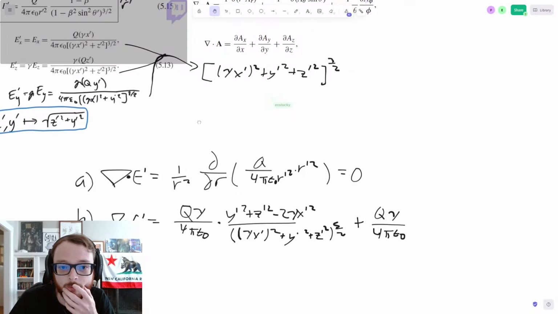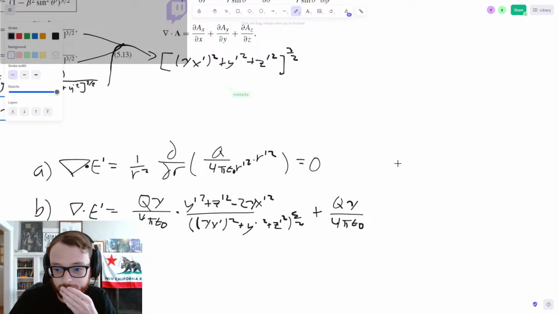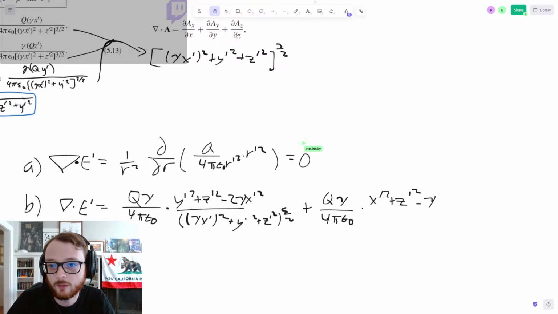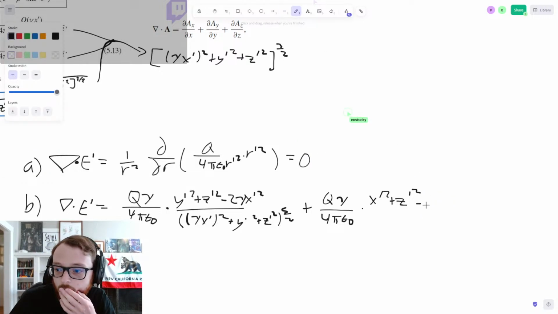I guess we'll do the derivative with respect to y here. I'm not very convinced this will be 0. Oh, it might be. I think I can see how it's going to work out. The denominators will all be the same. Okay, then how does the magic happen? This y does not have a gamma here. This x up here does, though.